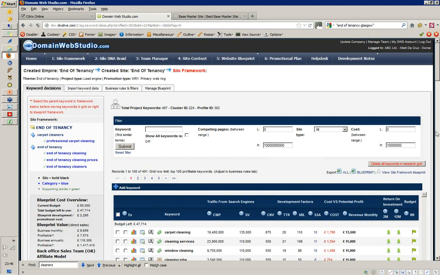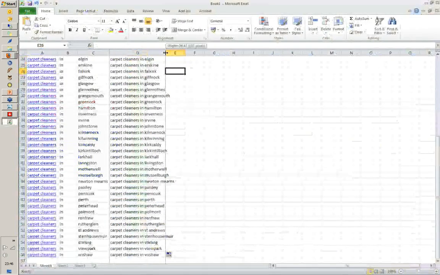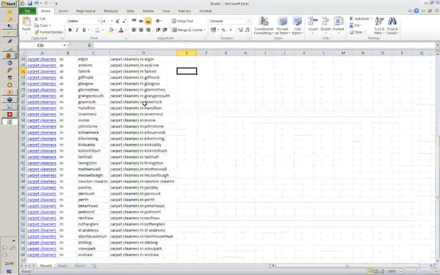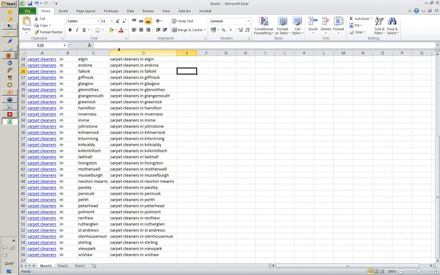Oh, we have a good question about when we include the locale as part of the keyword. Do we go back and adjust the competing pages? Yes, I go into a spreadsheet. I can show you how to do that, and I append the locale and then create a new keyword with the locale appended, and then I throw that into an import list, probably in Kraken. Do I spin them?